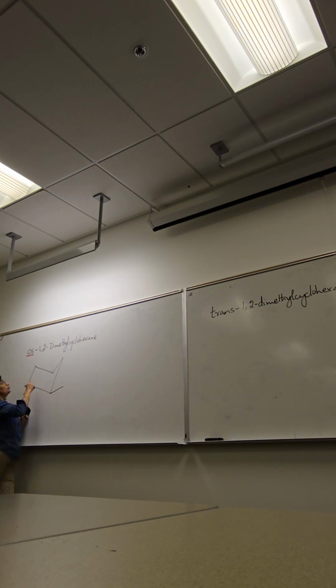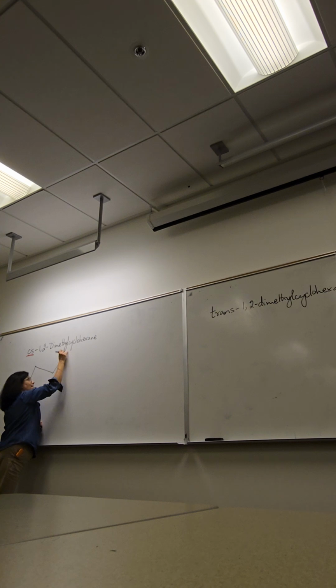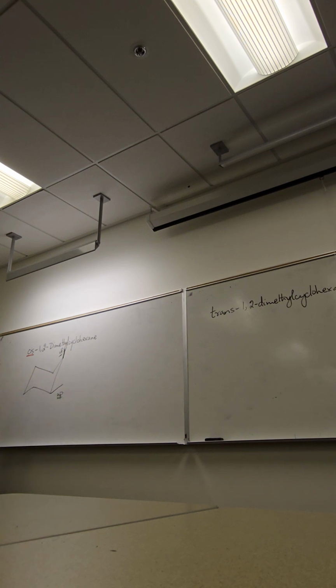So then, in order for it to be cis, what position should the methyl on the next carbon be? Is it equatorial or axial? Axial. This is going up. This is also going up. That's cis.